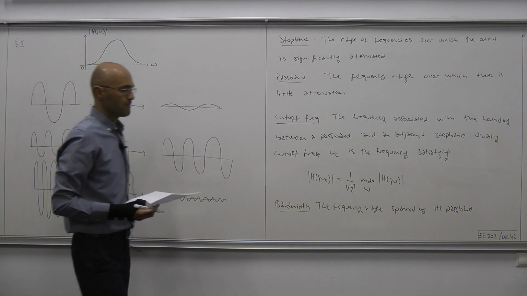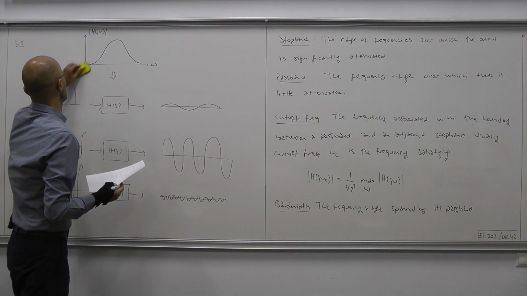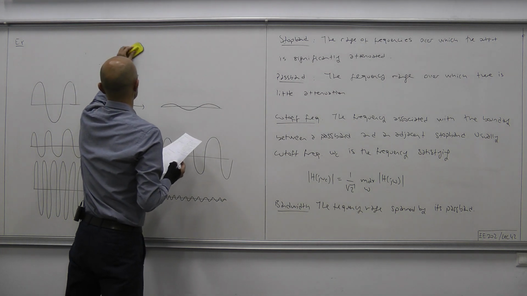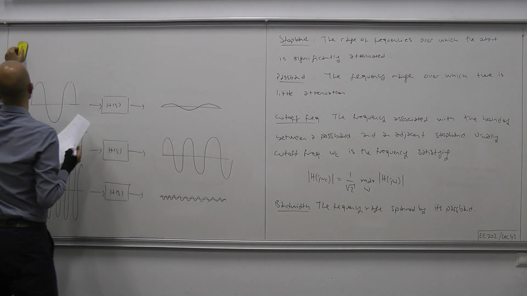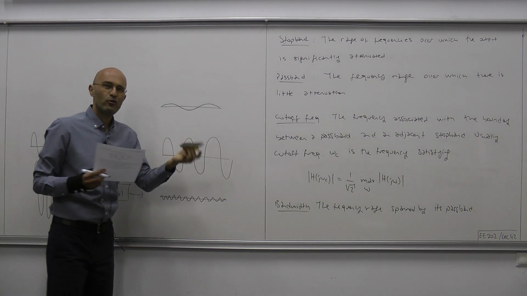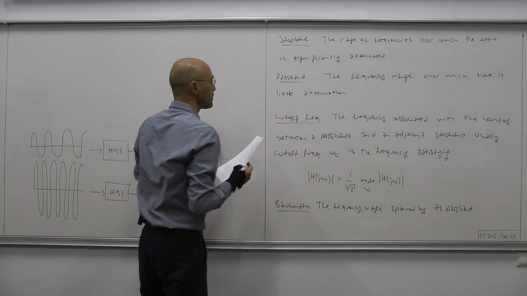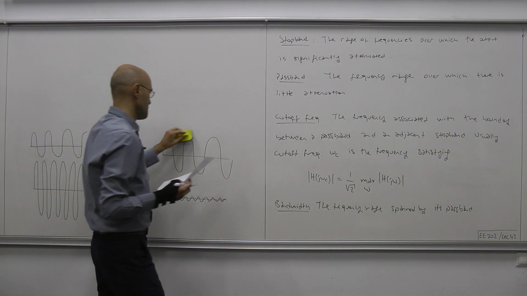Now let's try to visualize these definitions over a simple gain plot. Okay. And the pair of plots, gain plot and the phase plot, together they're called the frequency response plots.